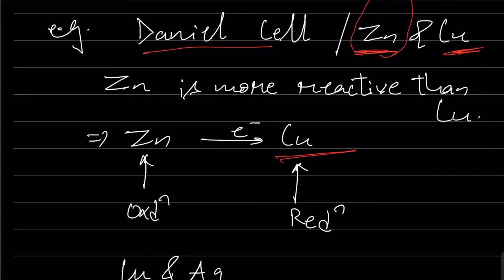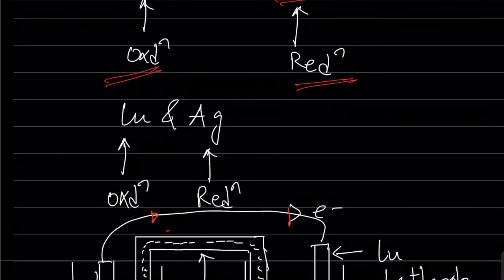So copper is used as an electrode in the reduction half cell, and zinc is used as an electrode in the oxidation half cell. But if we take another case of copper and silver, then copper is more reactive than silver. So obviously silver is less reactive, which means it is used as cathode, and copper is used as anode.